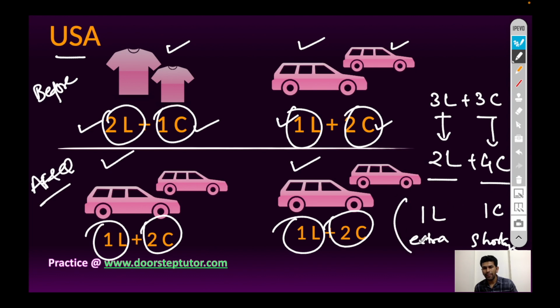So there is one labor extra available with USA. It means labor supply is more. So when supply increases, the wage rate of labor will decrease. There is a shortage of one capital. As we know, USA is a capital abundant country, but there is a shortage of capital. So shortage of capital will create demand. As demand for capital increases, the price will also increase.